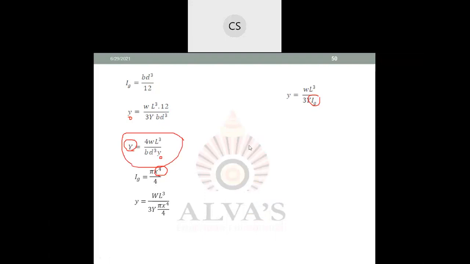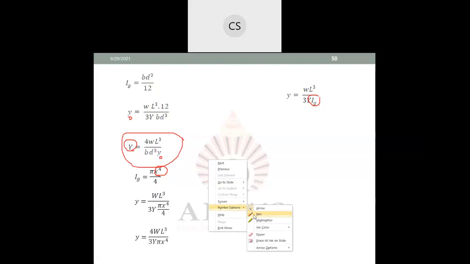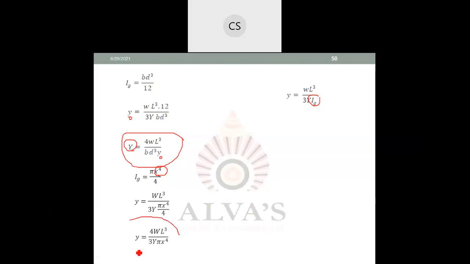Again substituting in this equation, what do you get? y is equal to WL cube divided by 3Y pi x to the power 4 divided by 4. Going to the numerator, y is equal to 4WL cube divided by 3Y pi x to the power 4. So this is the expression for depression of a cantilever having circular cross section.